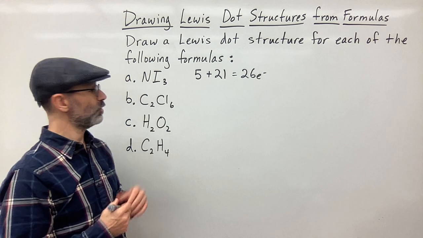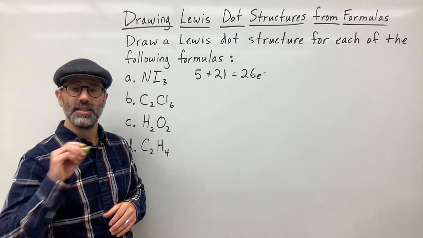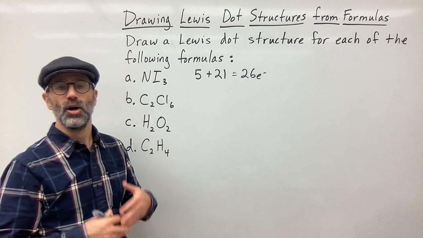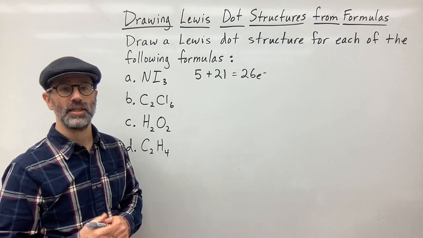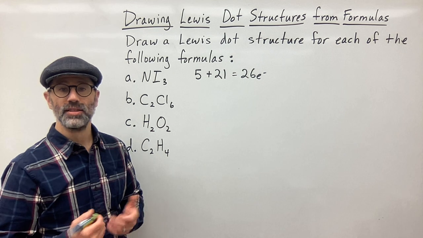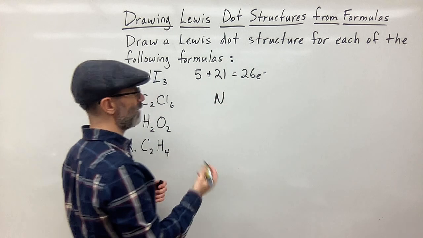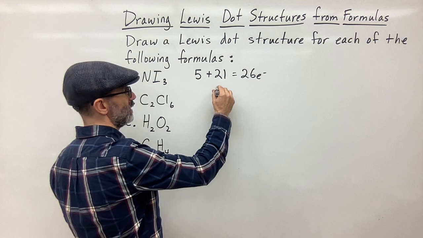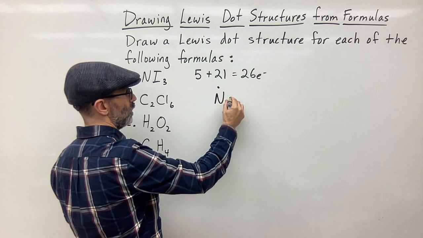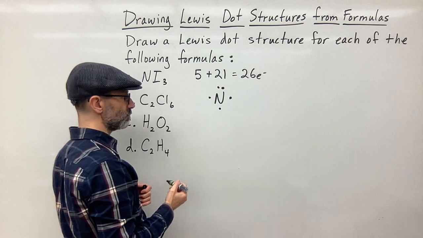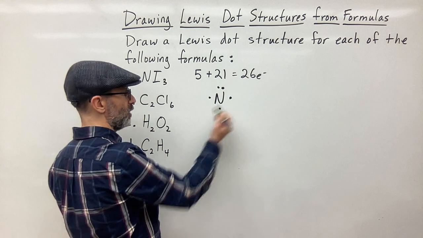And then finally, you can look at the dot symbol for each element and see which one has more unpaired electrons. Nitrogen has 5 valence electrons, so if you put the dots around your symbol, 1, 2, 3, 4, 5, you'll see there are 3 unpaired electrons.